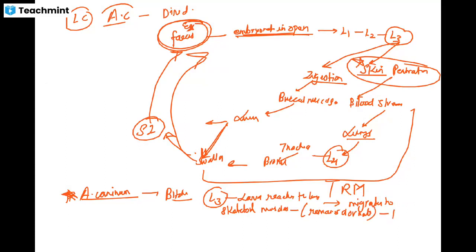When the bitch becomes pregnant, during pregnancy the dormant L3 is reactivated again. It is passed in milk.